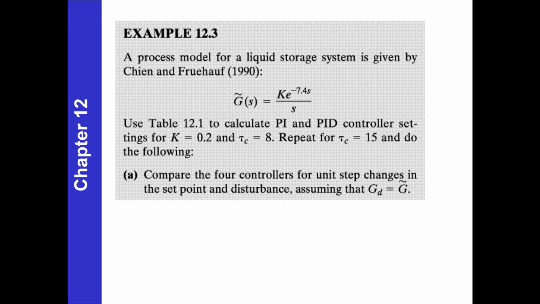This is one example to show you how to use table 12.1. We have a model here with the value of k equal to 0.2, and we have to calculate the PI and PID controller settings, which means calculating Kc and tau I for the PI controller, and Kc, tau I, and tau D for PID, for tau C equal to 8 and tau C equal to 15.